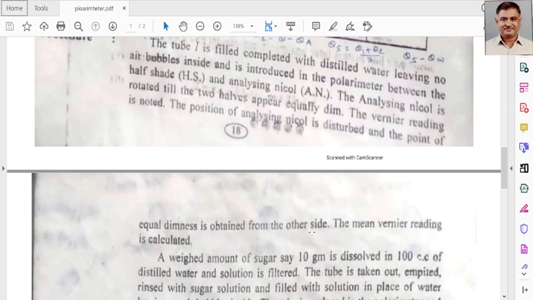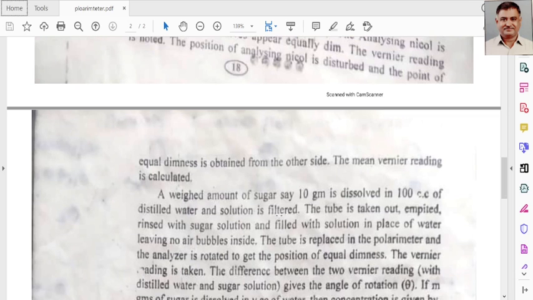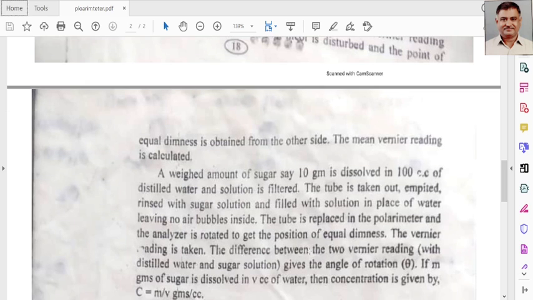The mean vernier reading is calculated. Then what to do? A weighed amount of sugar, we can say 10 gram, is dissolved in 100 cc of distilled water, and the solution is filtered. Then the tube is taken out, emptied, rinsed with the sugar solution and filled with the solution in place of water.